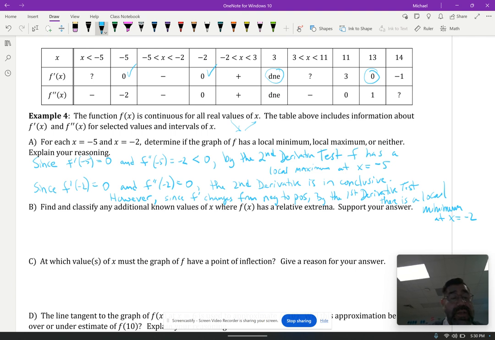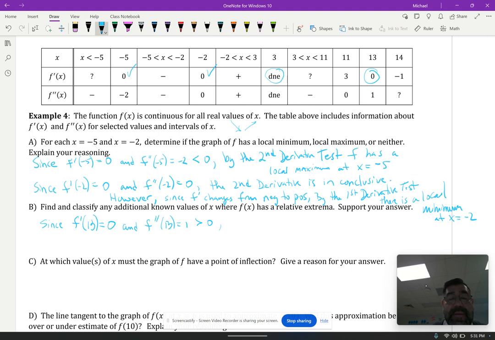At 13, f prime of 13 is equal to 0. The derivative is equal to 0. That's a critical point. And f double prime of 13 is 1, and that's greater than 0. That means I have concave up.